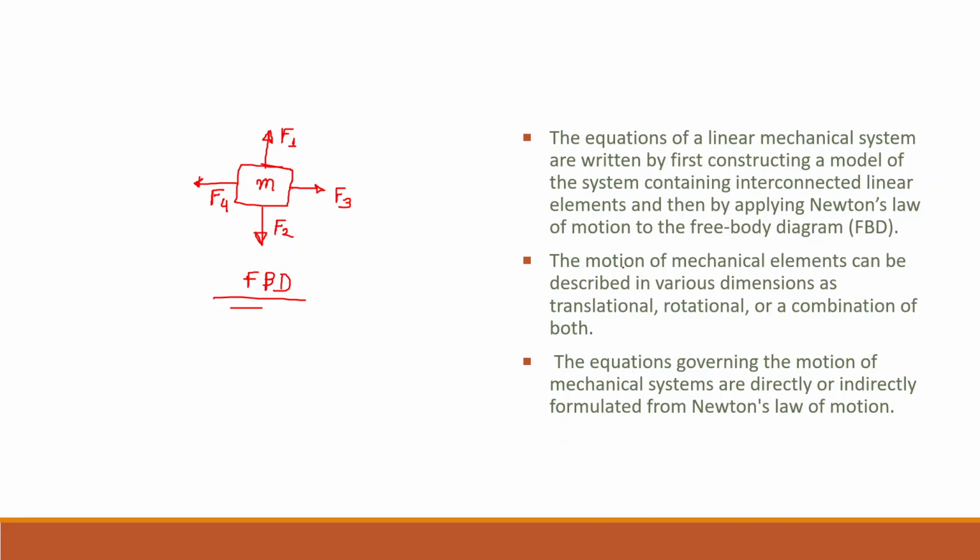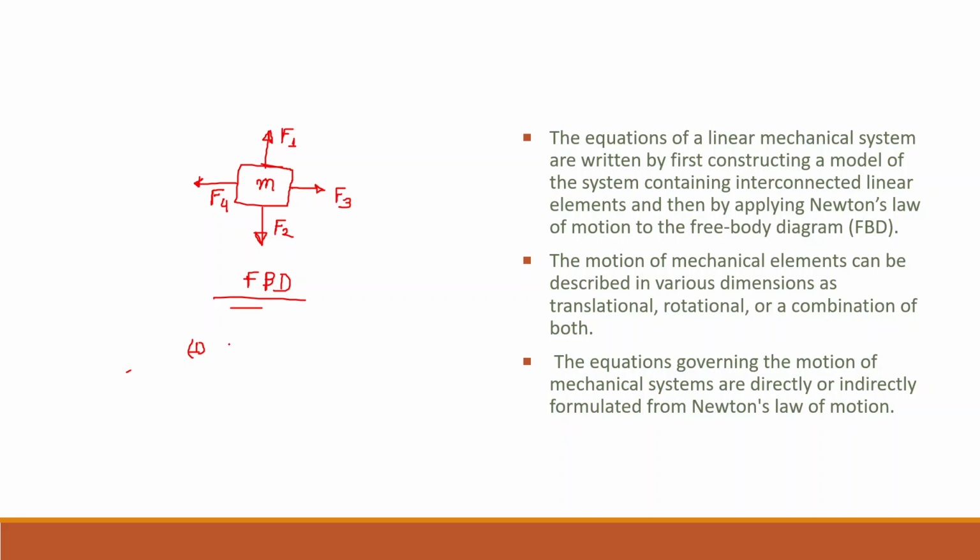The motion of mechanical elements can be described in various dimensions as translational, rotational, or a combination of both. The equations governing the motion of mechanical systems are directly or indirectly formulated using Newton's laws of motion. What are Newton's laws of motion? Firstly, a body stays in its state of rest or motion until a force is applied on it.